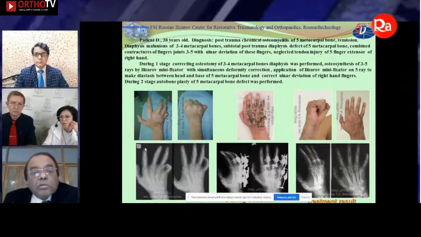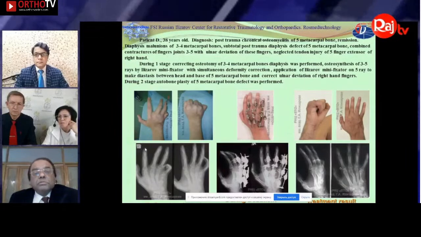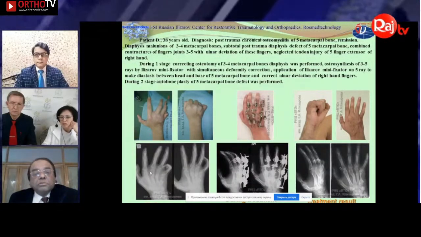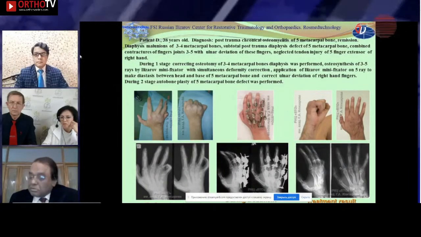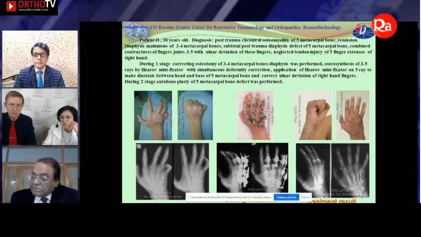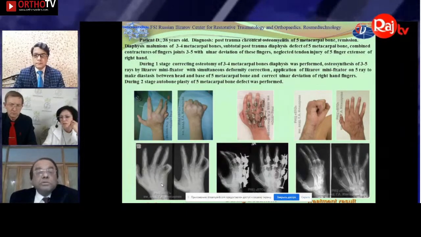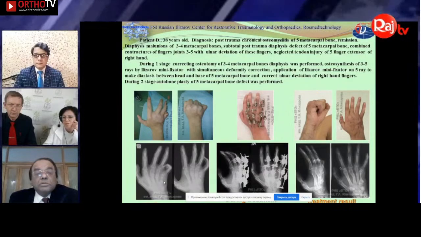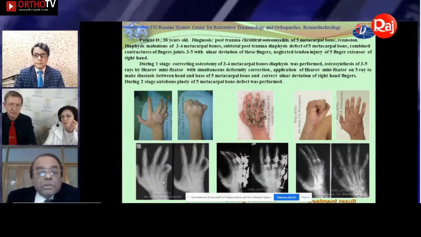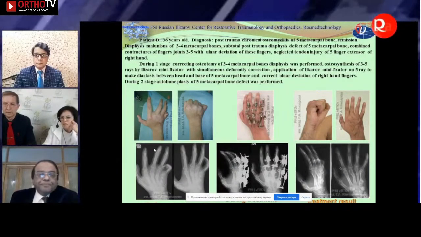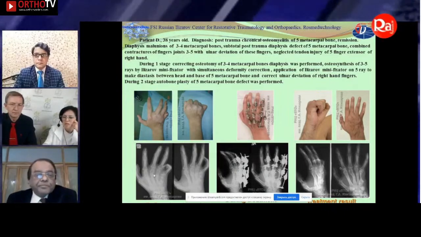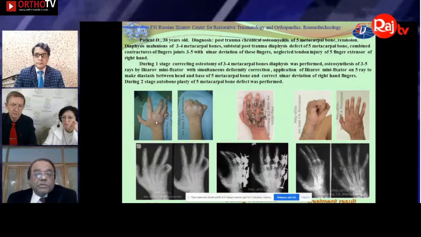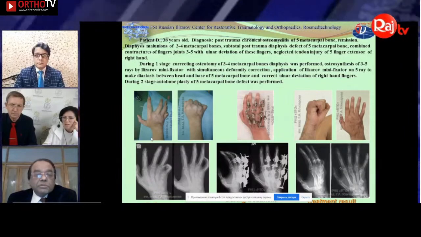Next patient with many malunions, total defect of fifth metacarpal bone, deformity of this ray and big scar.